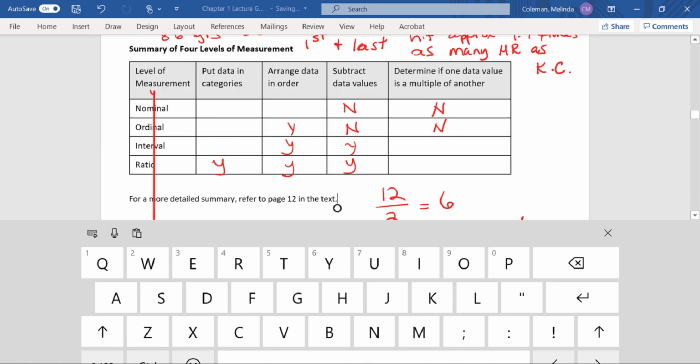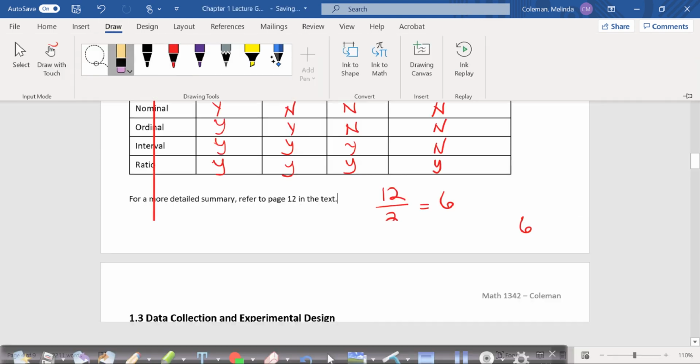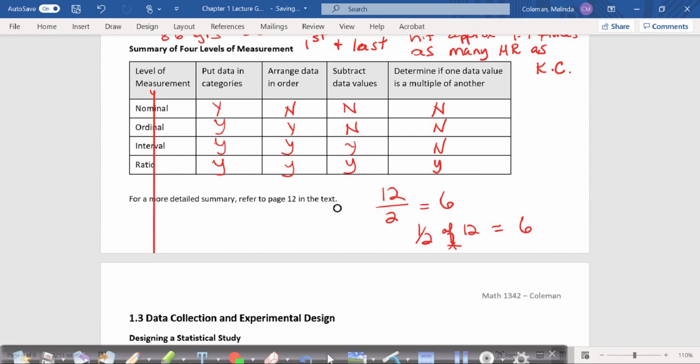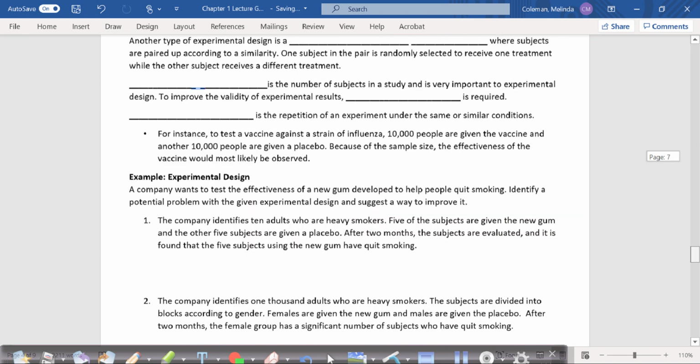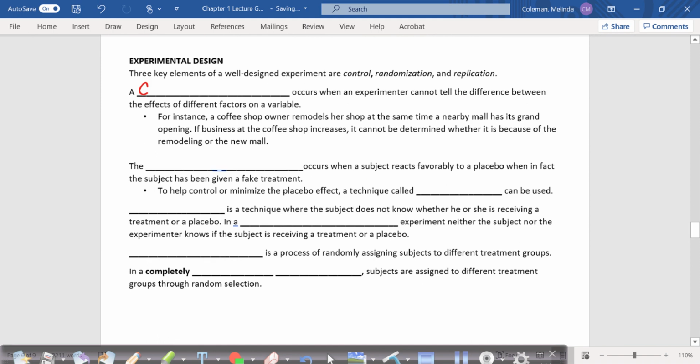A confounding variable occurs when an experimenter cannot tell the difference between the effects of the different factors on a variable.